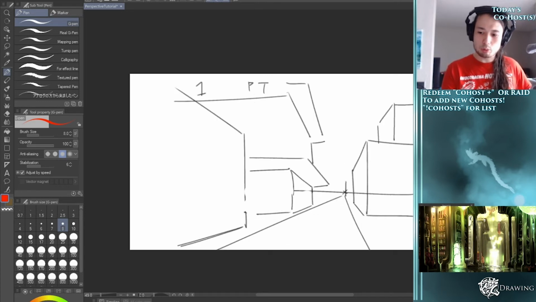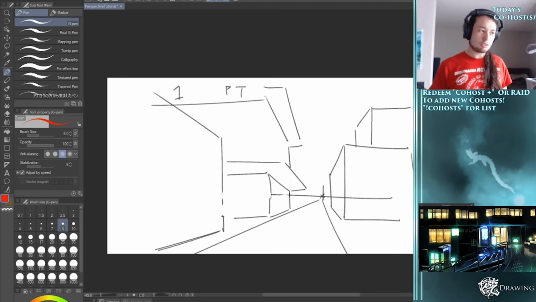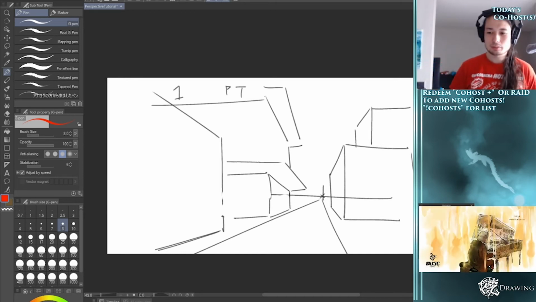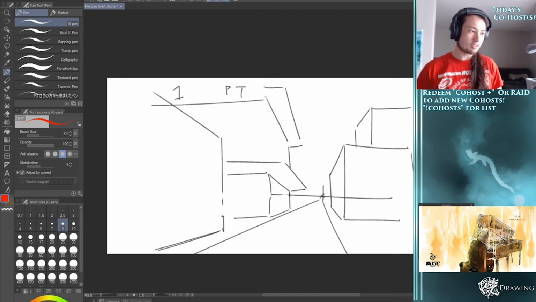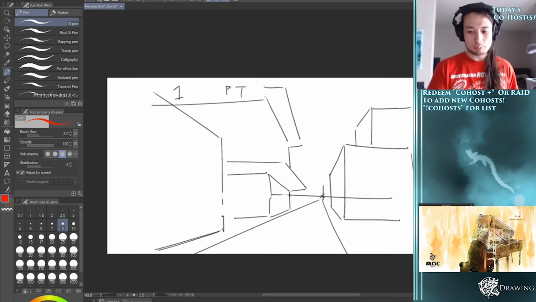The one-point perspective. This is the kind that if you ever took an art class in school, you probably had a test on this, and you probably hated it. Now, I'm going to assume that some people in our class today do not know what one-point perspective is.